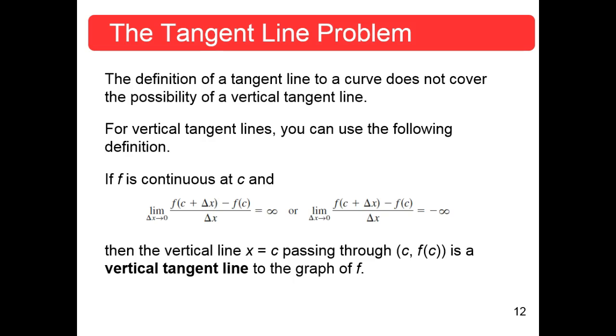It's an infinite slope. If that's the case, then the vertical line x equals c passes through that, and it is a vertical tangent line with an undefined slope.